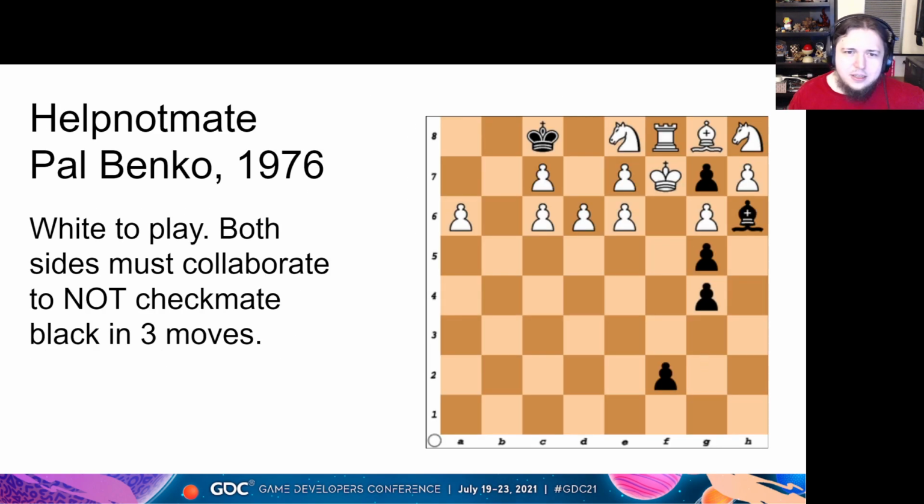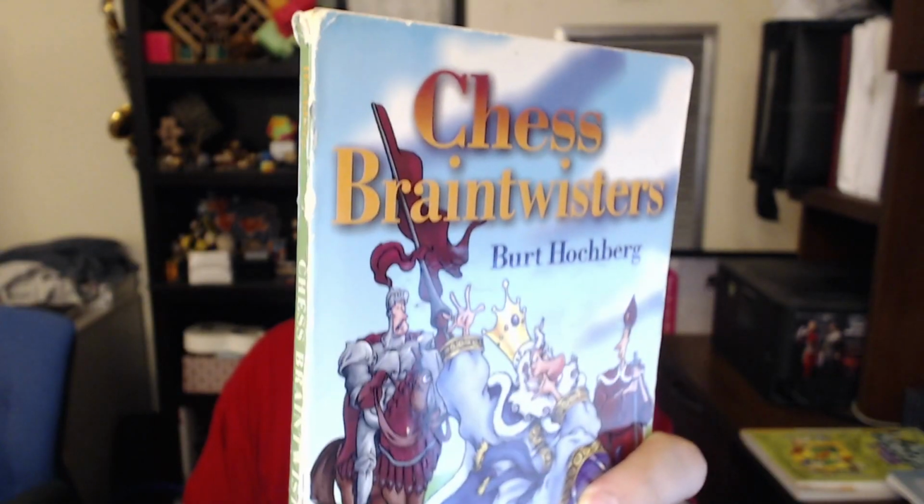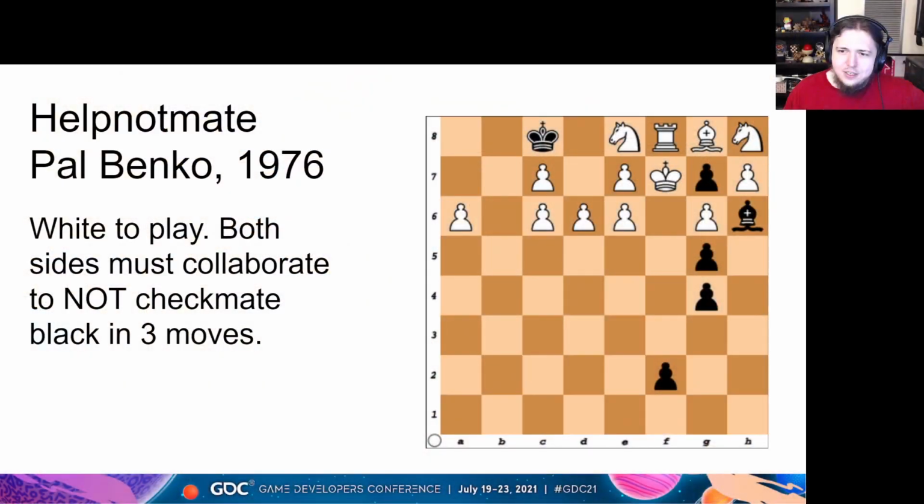Let me show you one more. This is a chess puzzle by Pal Benko, who was a chess grandmaster and also a prolific chess composer, one of the greats. And this is a delightful one. It's from a book called Chess Brain Twisters, which was compiled by Burt Hochberg, who I think was editor of Chess Life magazine, or, he basically got exposed to a lot of these different, unique and interesting chess puzzles, and the book has been reprinted under a different title called Outrageous Chess Problems.